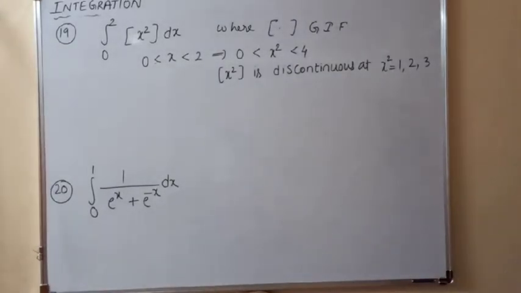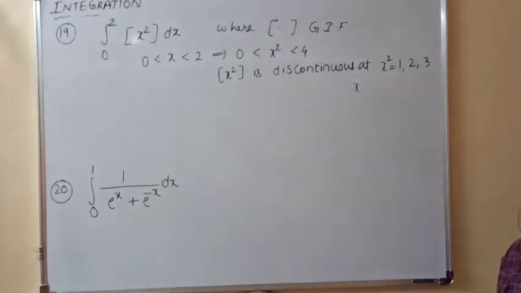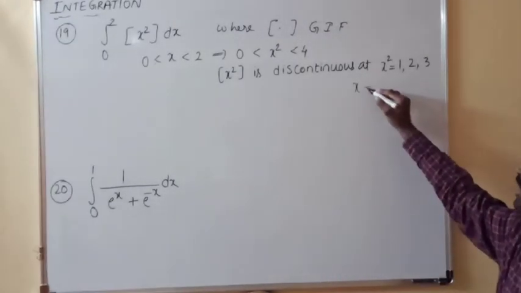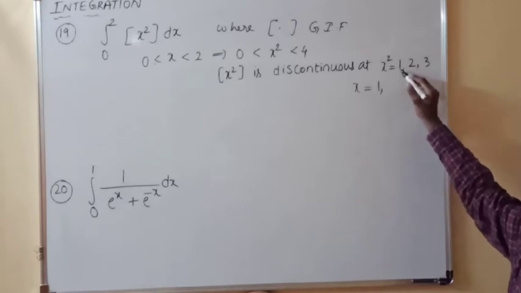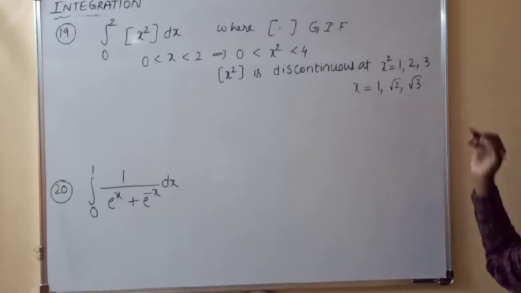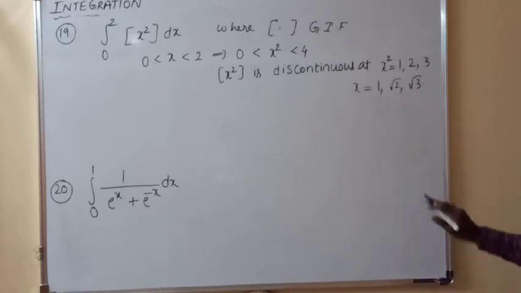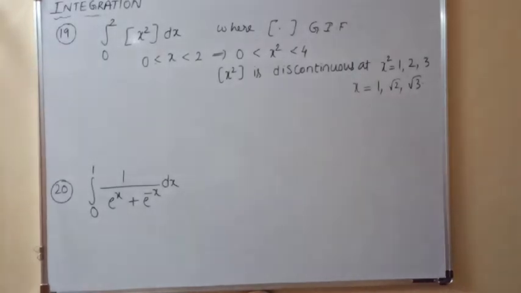Remember that. Now x square equal to 1, 2, 3 is the same as x equal to square root of 1, square root of 2, and square root of 3. We can't take plus or minus because here x is positive. That means at these 3 points, step of x square is discontinuous between 0 and 2.